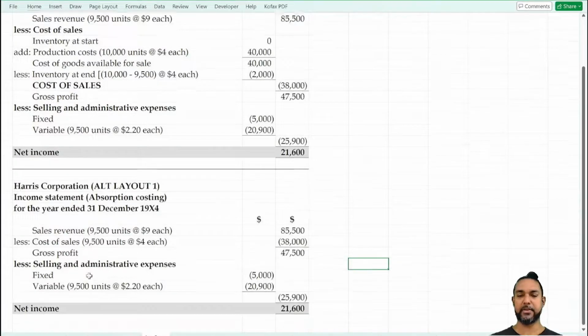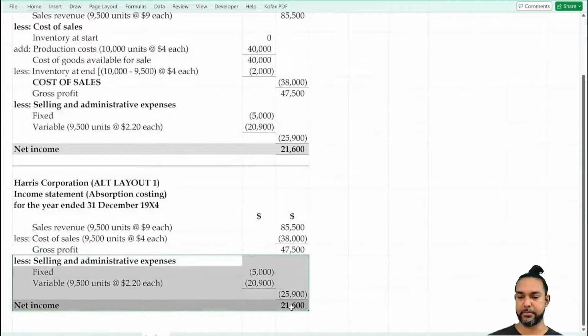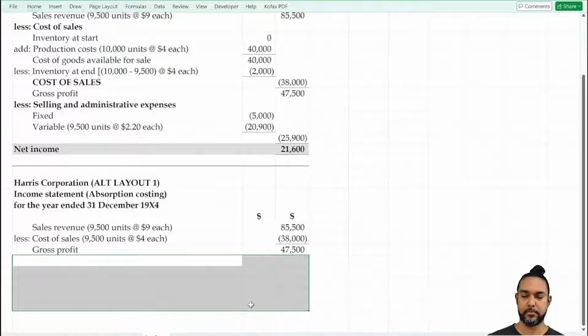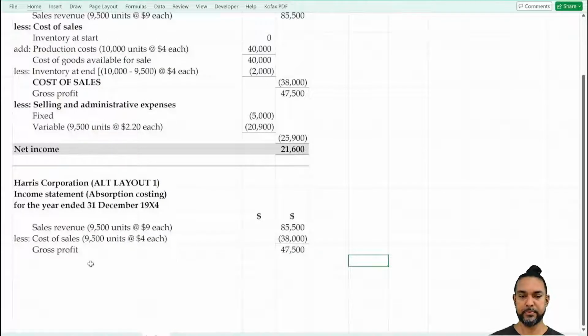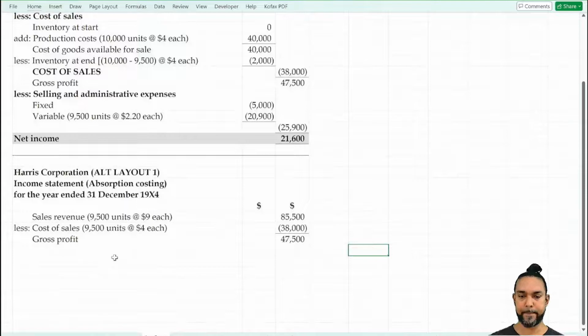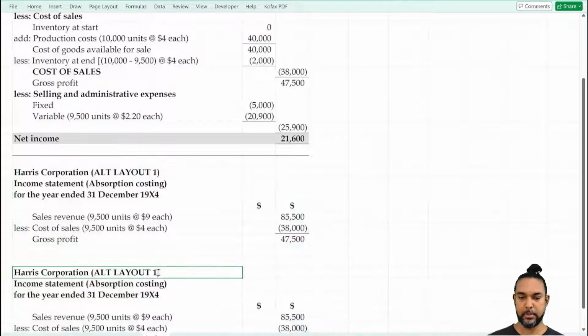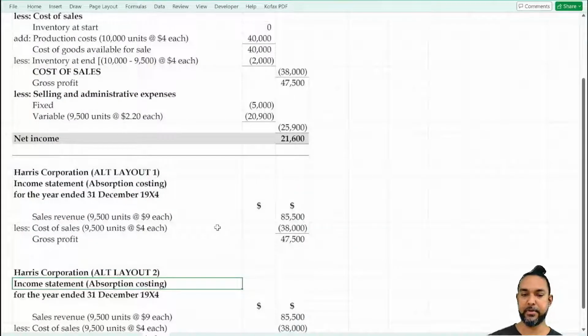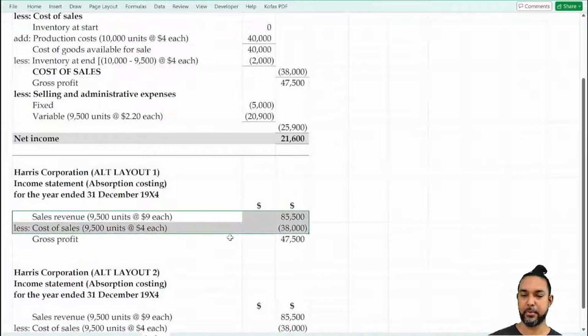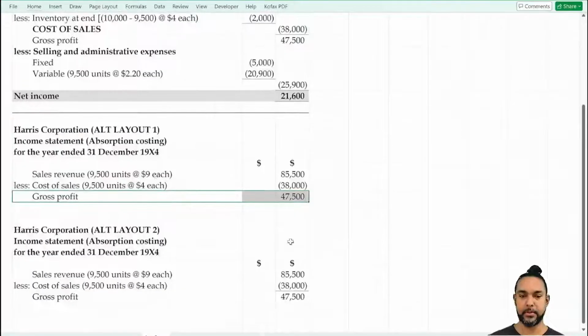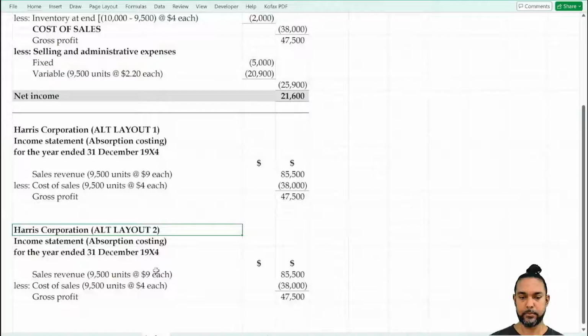Hold on. As a matter of fact, you know what? I'm going to take this out. And I'm going to do an alt layout 2. And this one, I'm actually going to compress this into one line. So how am I going to do that? Like this, right?